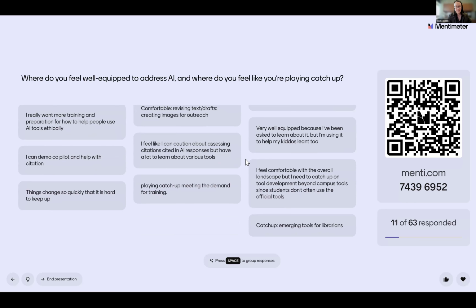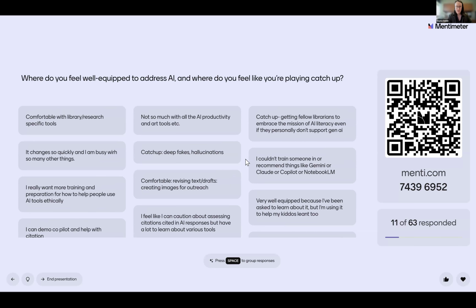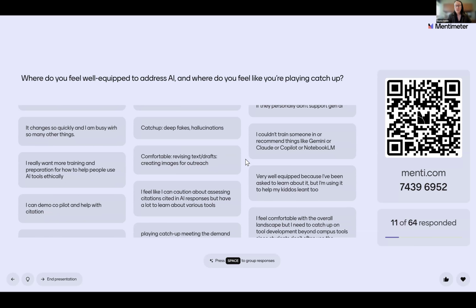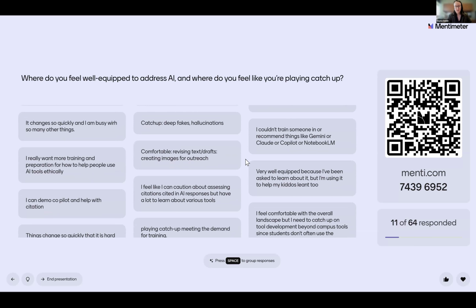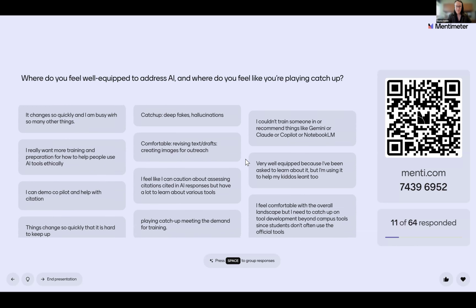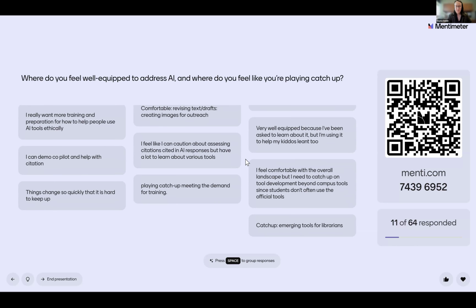Playing catch up is meeting the demand for training, definitely. Playing catch up, getting fellow librarians to embrace the mission of AI literacy, even if they don't personally support generative AI. That definitely resonates with me. Couldn't train someone in or recommend things like Gemini, Claude, Copilot, Notebook LM. Yeah, very well equipped because I've been asked to learn about it, but also using it to help my kiddos learn too.